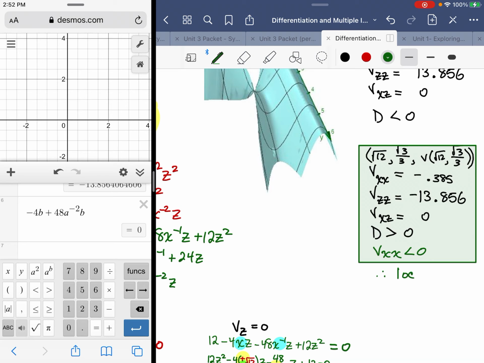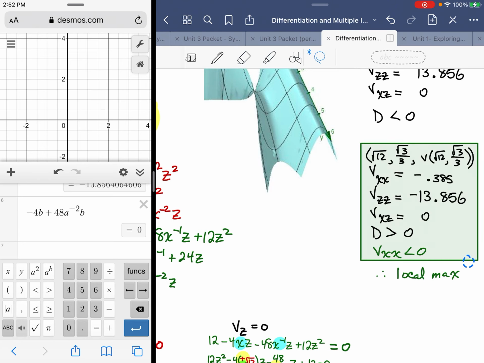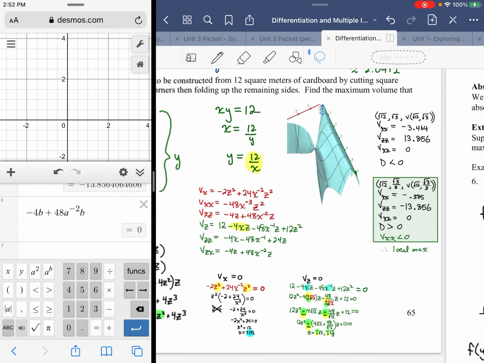So we're looking at a local max. So we have all the dimensions that we're going to need for this, which is great because it's all kind of hidden right in plain sight.